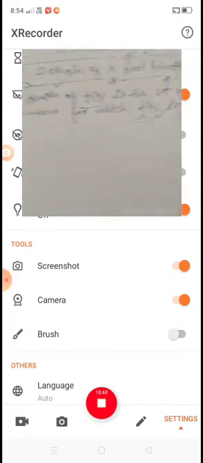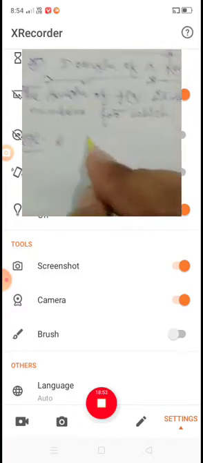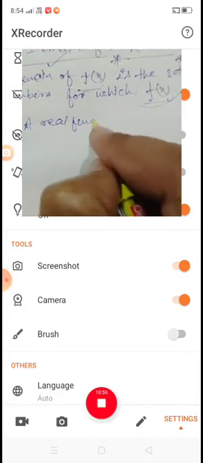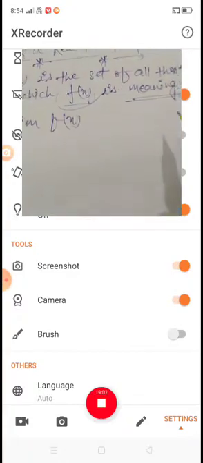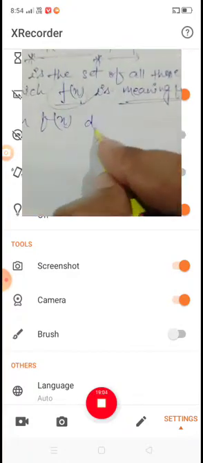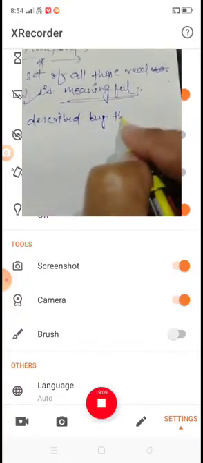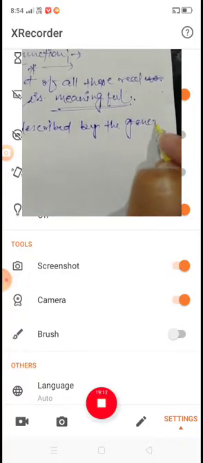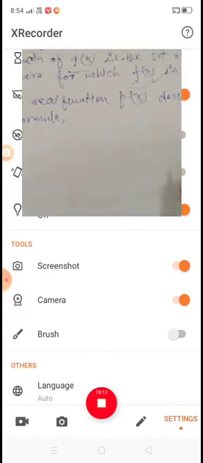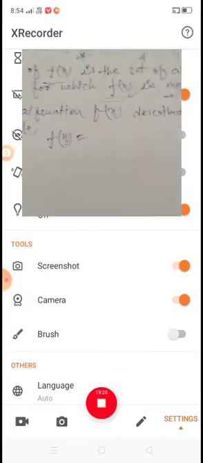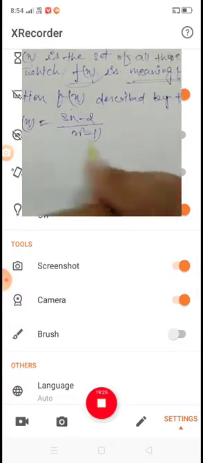Okay, suppose for example a real function f of x described by the general formula f of x is equal to 3x minus 2 upon x square minus 1.